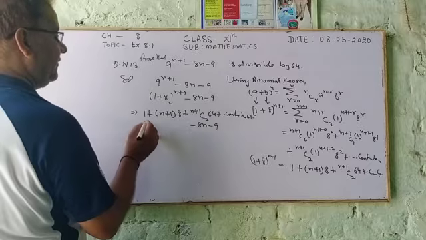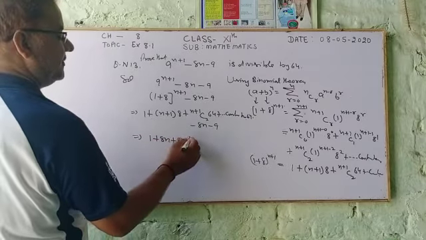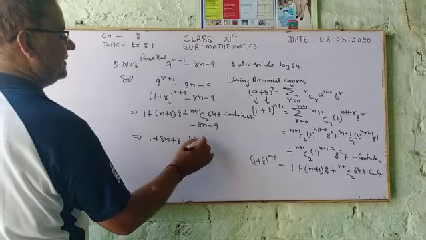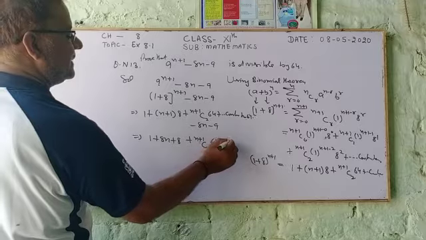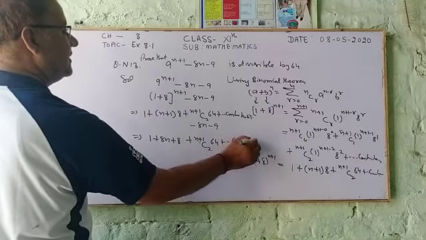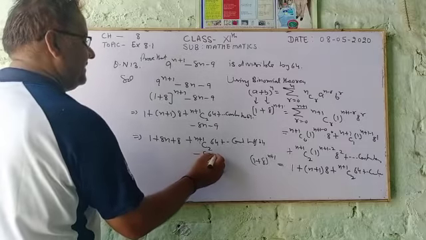So look here: 1 plus 8n plus 8 plus n plus 1 C2 into 64 plus terms containing powers of 64, minus 8n minus 9.